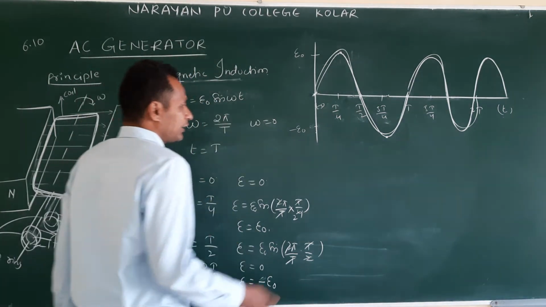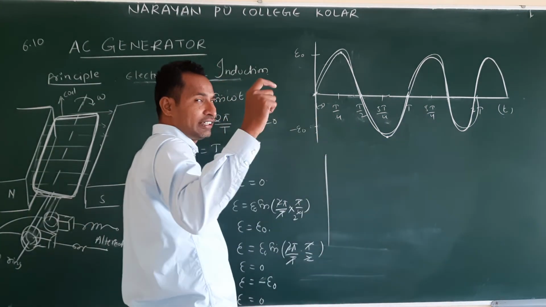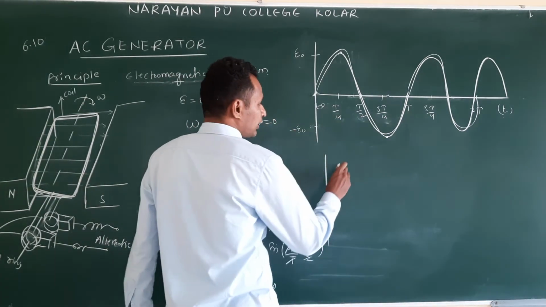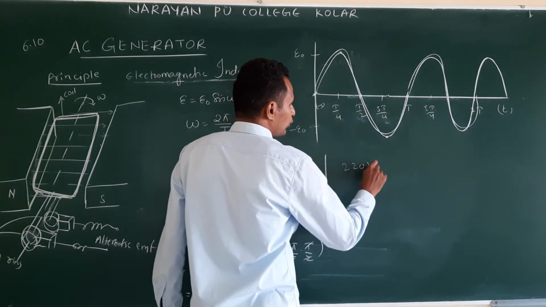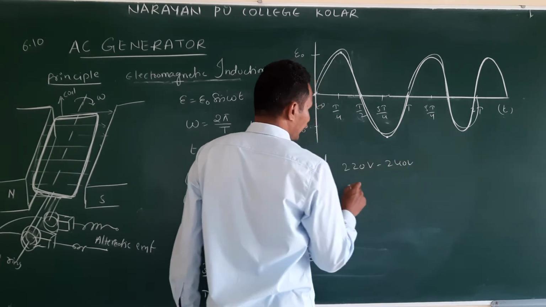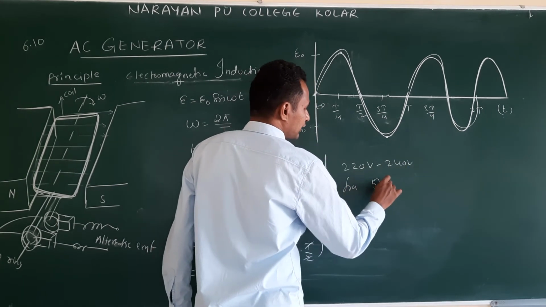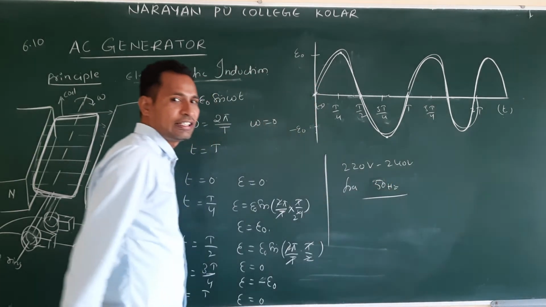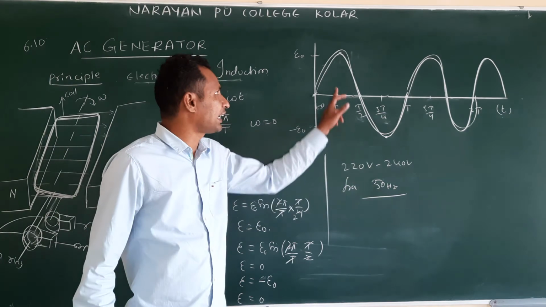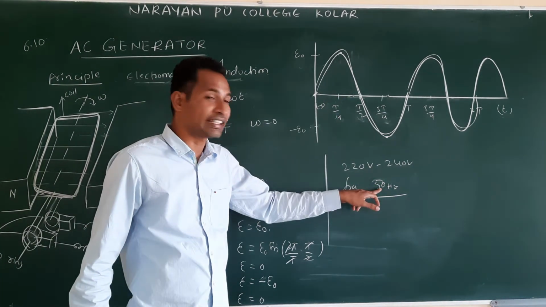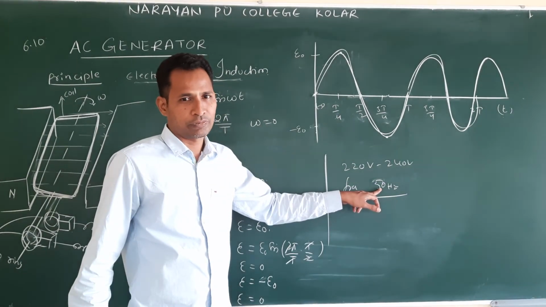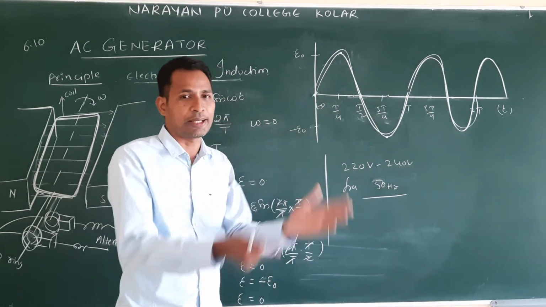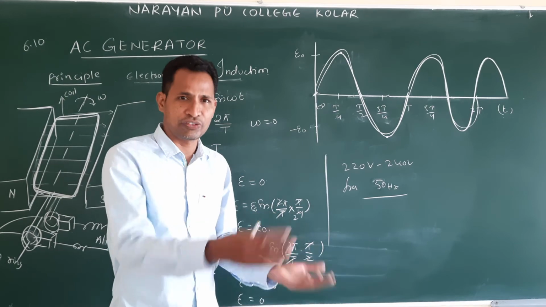In India, you might have seen in each and every electrical appliance, they show the specifications: operating voltage 220 volts to 240 volts, and frequency you will observe 50 hertz. Clear? Means in India, how many times does this cycle vary? In 1 second, it varies 50 times. Means 50 times voltage or current will alter.